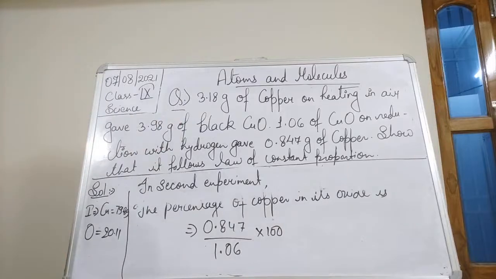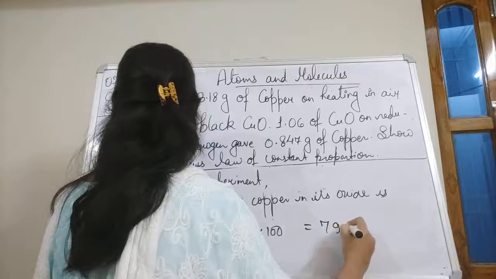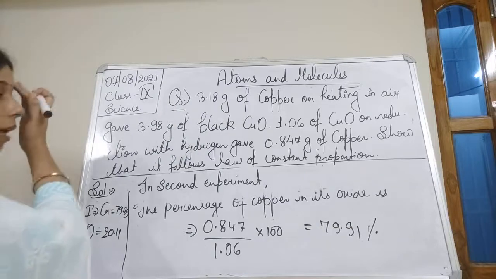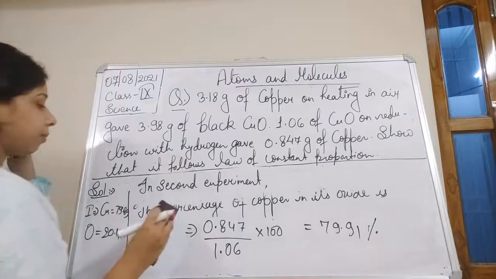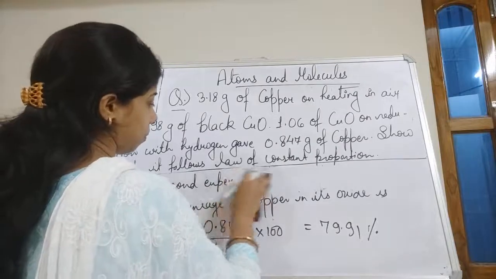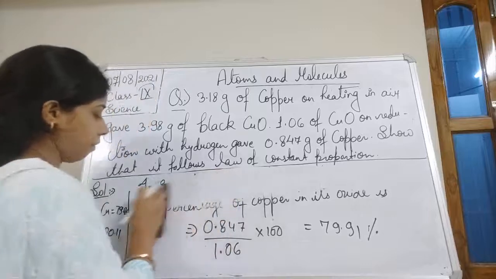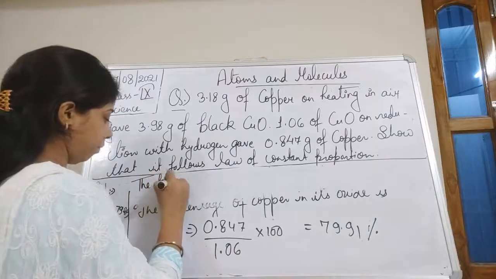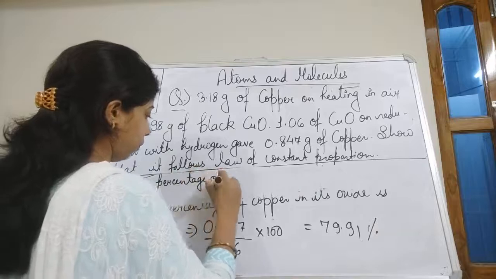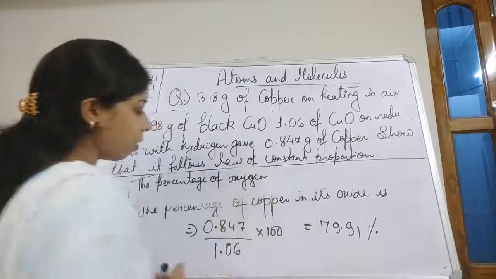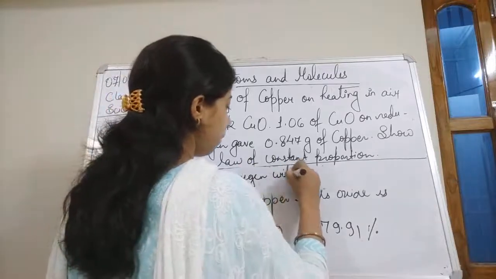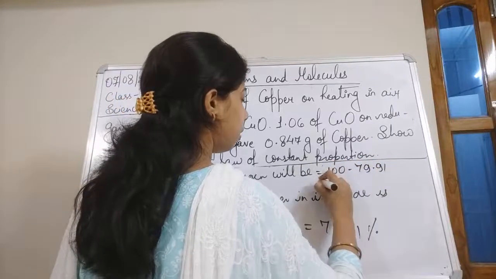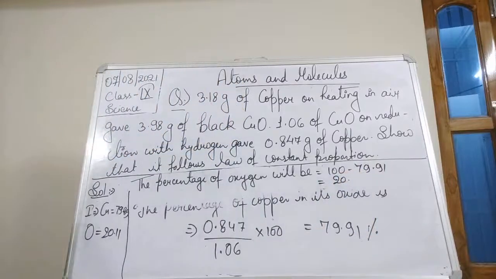When you do that, you get 79.91 percent. And the percentage of oxygen will be 100 minus 79.91, which equals 20.09.